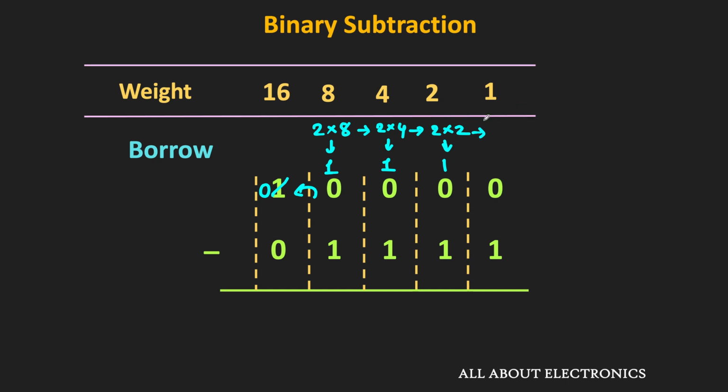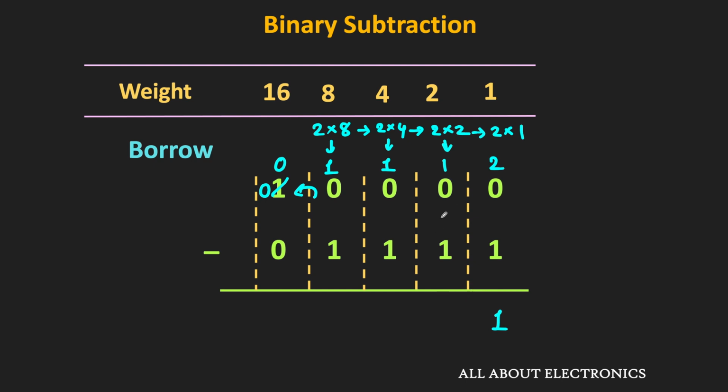So in the 1's column, we have 2 times 1. So that is how the 1 which we have borrowed from the 16th column gets carried forward to this 1's column. So after the borrow, if we just see the weights in each column, then they are 0, 1, 1 and 2. So now in this rightmost column, this 2 minus 1 is equal to 1.